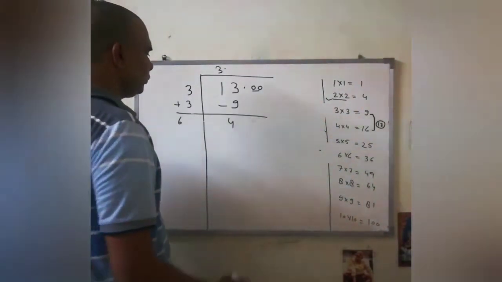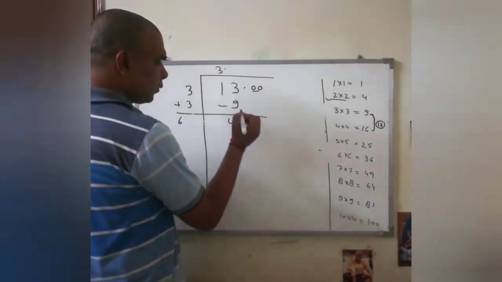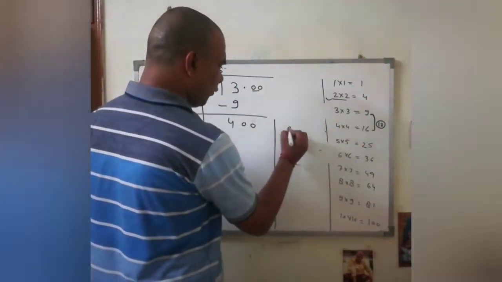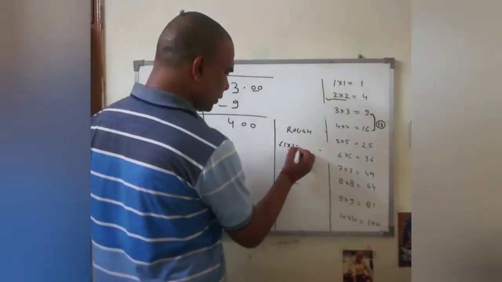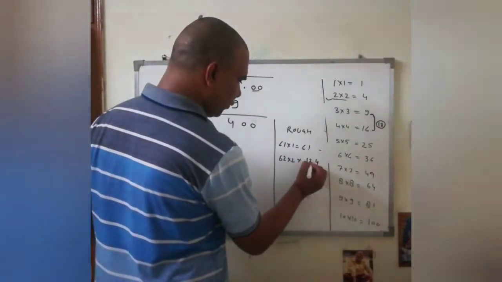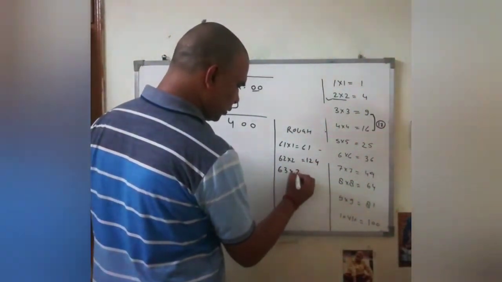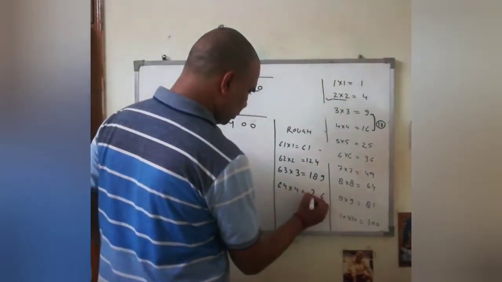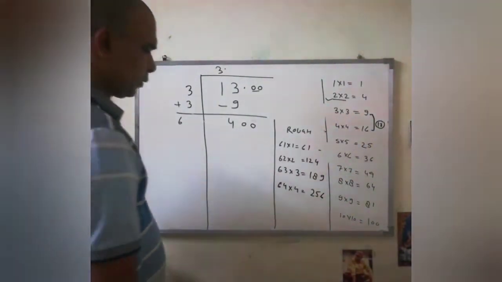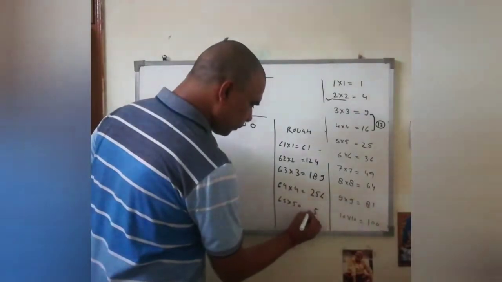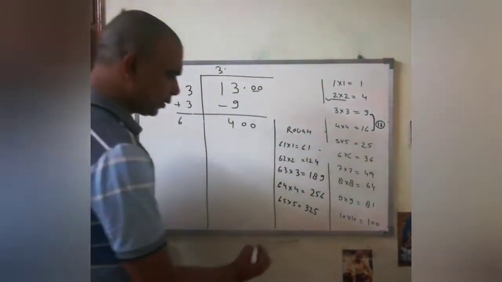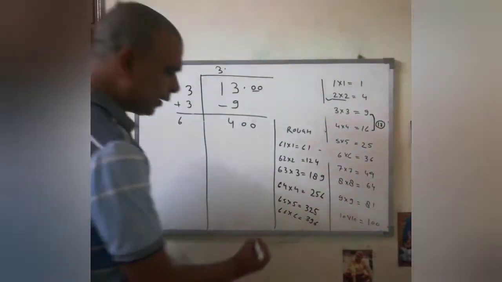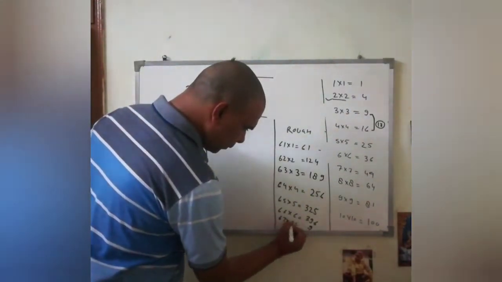What you will do, 00 here. Rough work: 61 into 1 is 61, 62 into 2 is 124, 63 into 3 is 189, 64 into 4 is 256, 65 into 5 is 325, 66 into 6 is 396, 67 into 7 is 469.